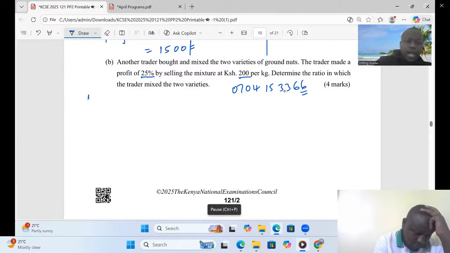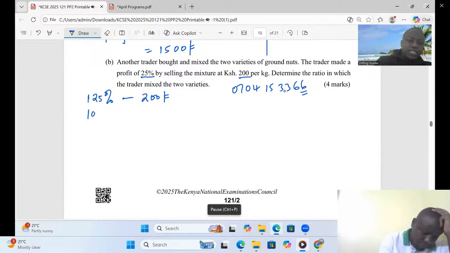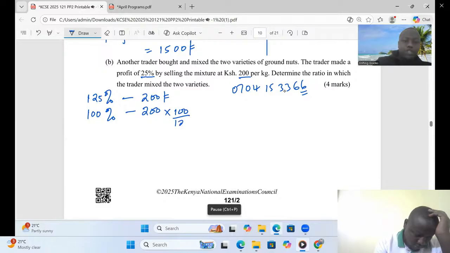So 125% is equal to 200 Kenya shillings because it is the cost price plus the profit. That's why we are calling it 125%. What about 100%? The cost price of this particular mixture shall be 200 multiplied by 100 out of 125.